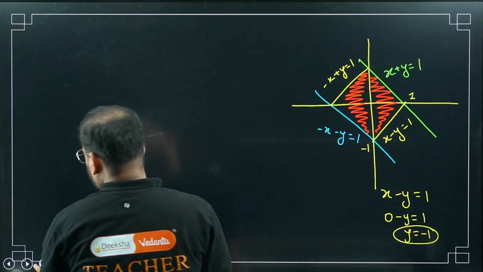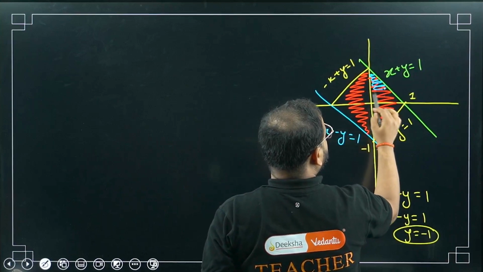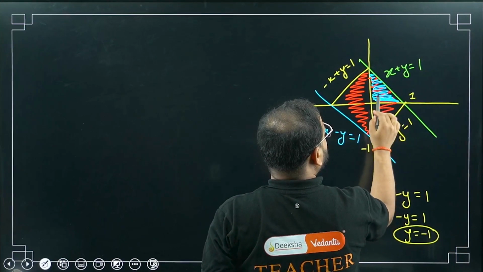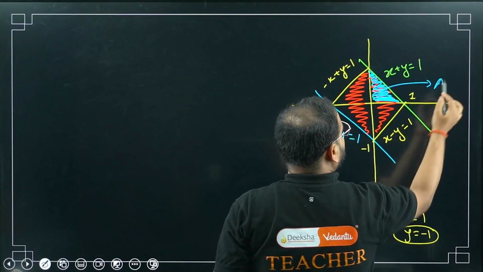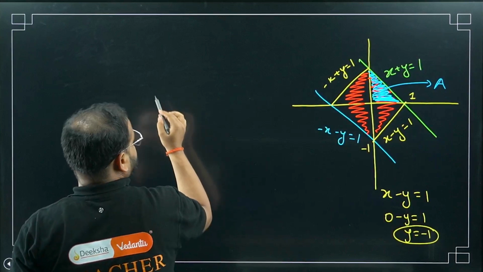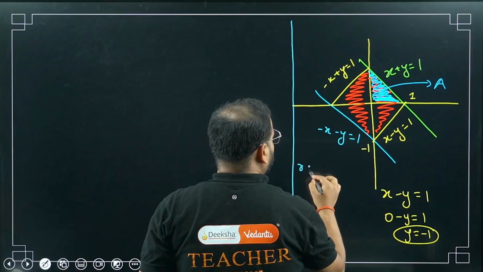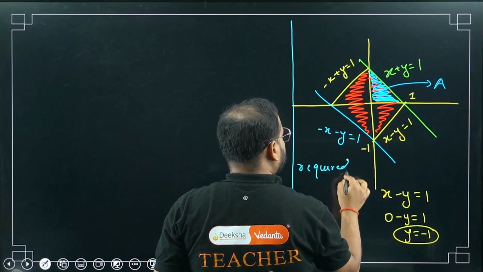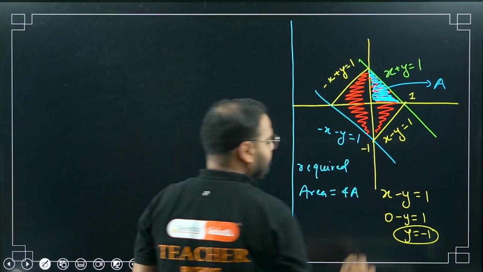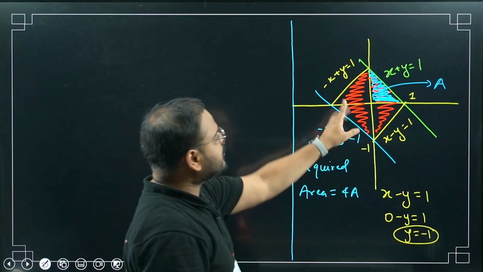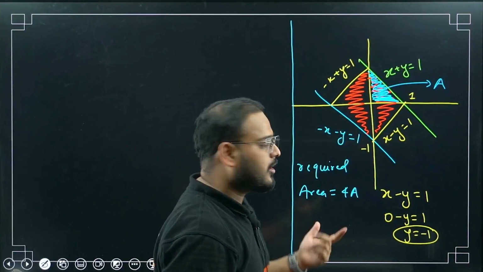So if somehow I can find only this part, and I call this my area A, then my required area is nothing but 4 times A. If I find the small area, I have 4 parts, 1, 2, 3, 4 parts, multiply it with 4, you're going to get the result.